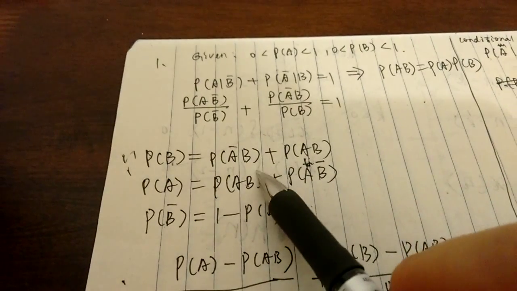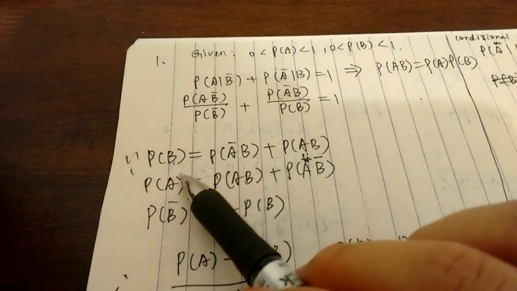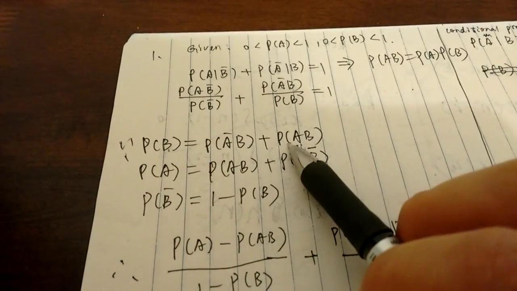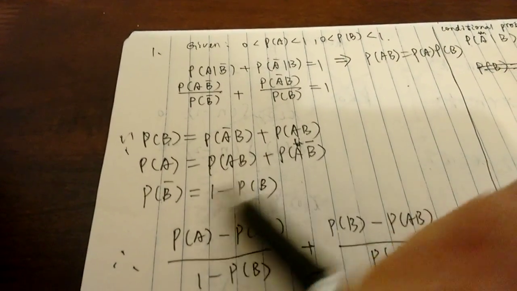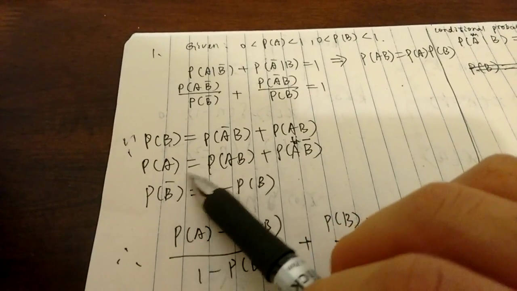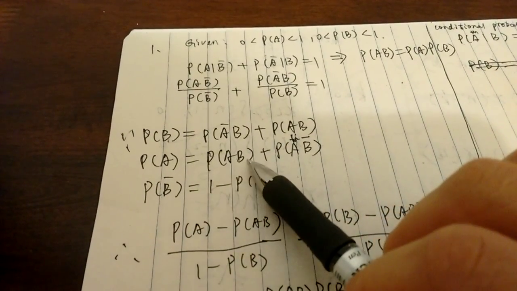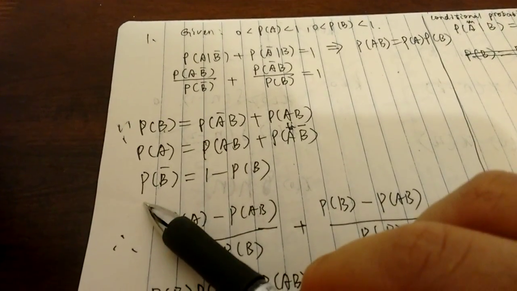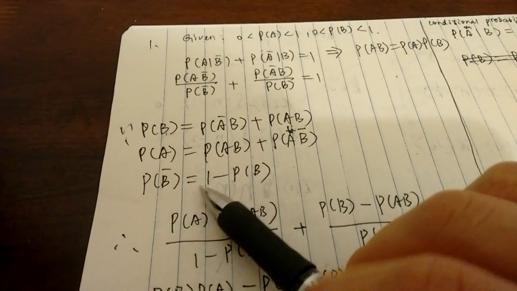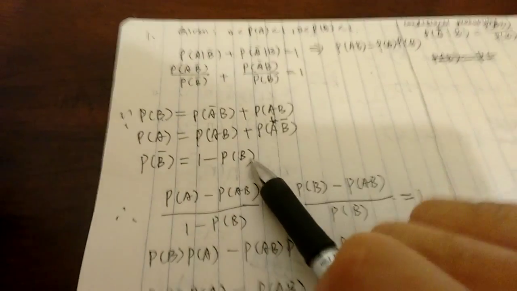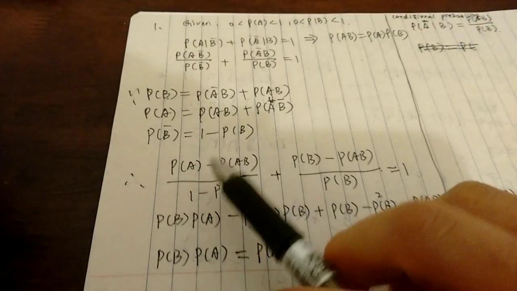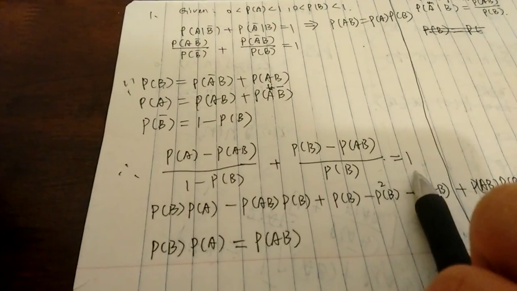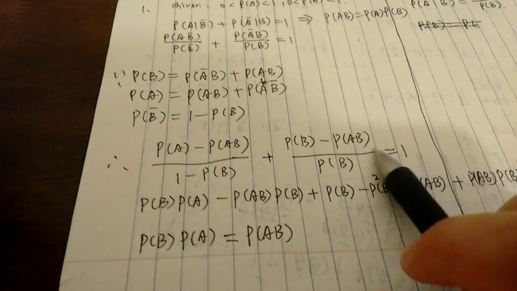We also know that probability B equals probability A complement B plus probability AB, and probability A equals probability AB plus probability AB complement. Probability B complement equals 1 minus probability B. So we could also rewrite this equation like this, and it equals 1.